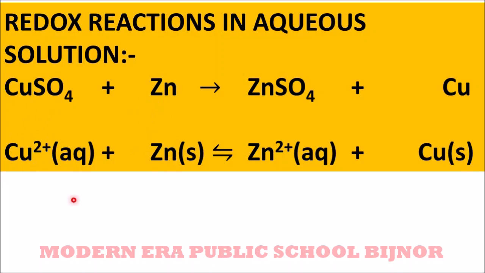But when zinc displaces copper, it supplies electrons and goes into the solution, so it has a 2 positive charge, and copper, after accepting the electrons supplied by the zinc, is deposited and liberated as a solid, the copper form. So zinc supplies the electrons, so it is oxidized, and copper takes the electrons, so it is reduced. These are the reactions in aqueous solution.